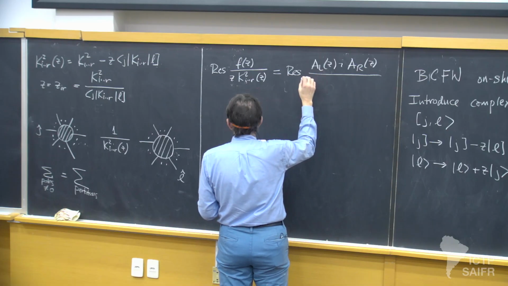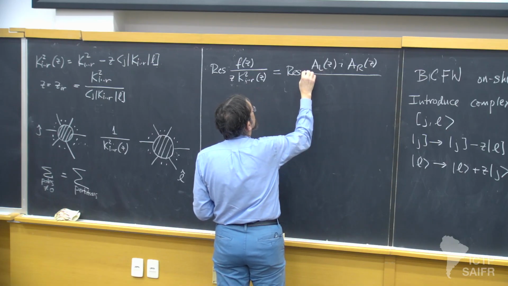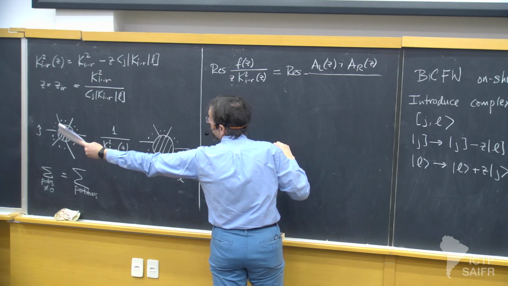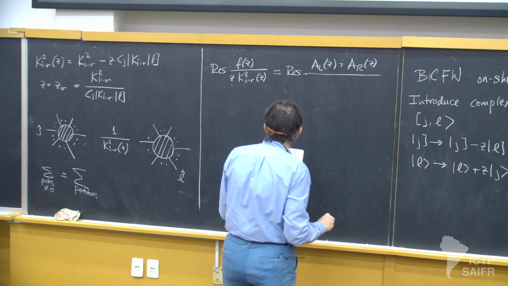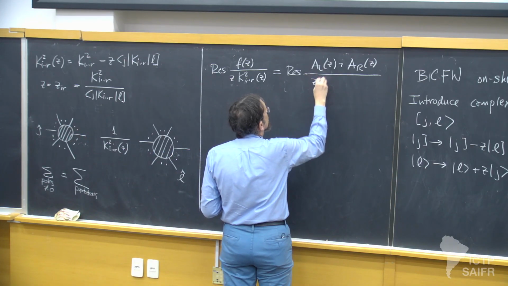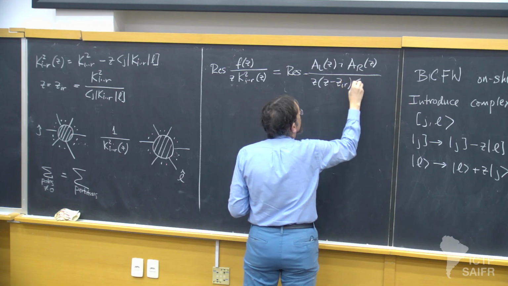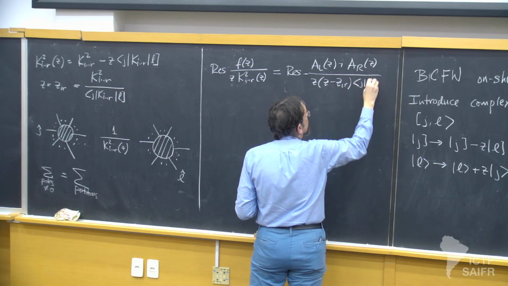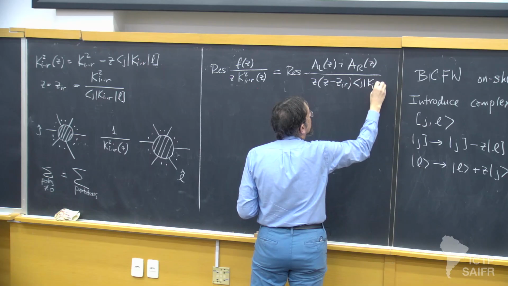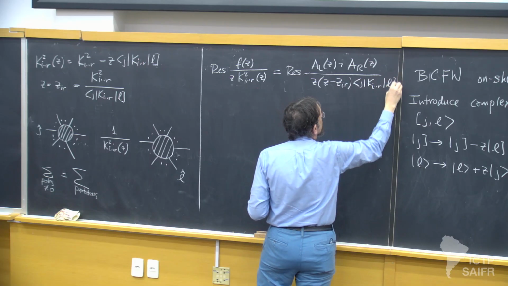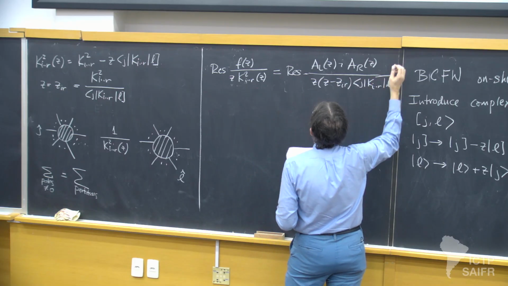And we have a minus sign here because it's on the right-hand side of the equation. K_I through R_L.